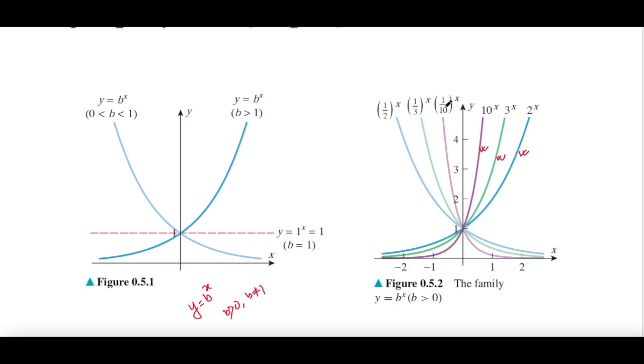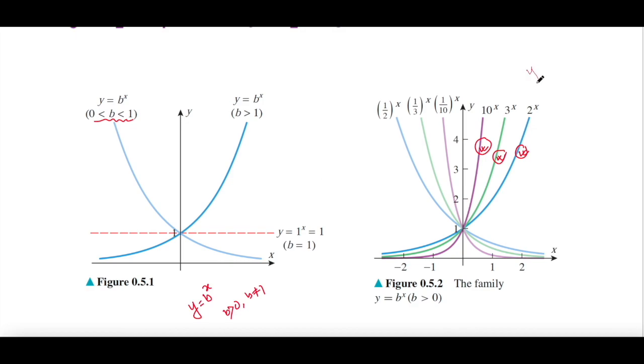But when b is less than 1 but greater than 0, it will be a decreasing exponential function. These are the increasing functions. If you increase x, then y increases. For these three cases, if you increase x, y increases. So these are increasing exponential functions.